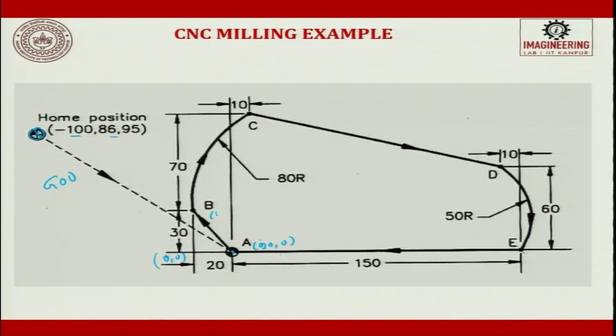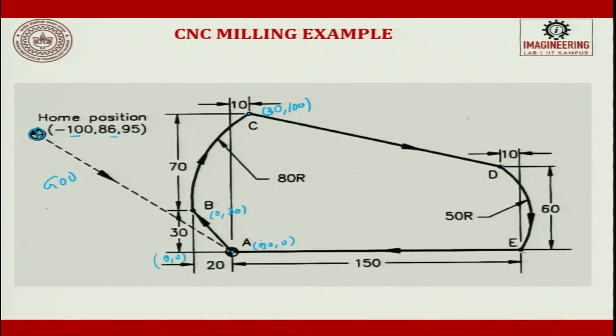So, this is 0 comma 30, and from here you are going to this point which is 10 offset from here, and from here it is 100. So, x axis it is 10, x axis it is 30, and y axis it is 100. This is the point. From here we are going to D.